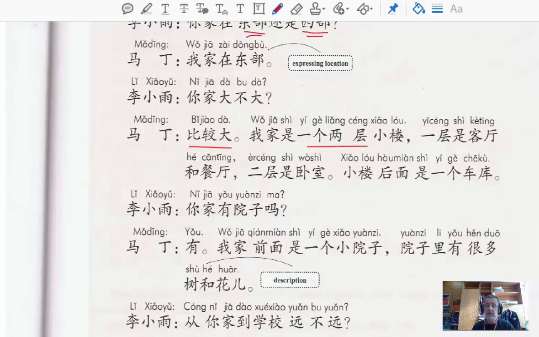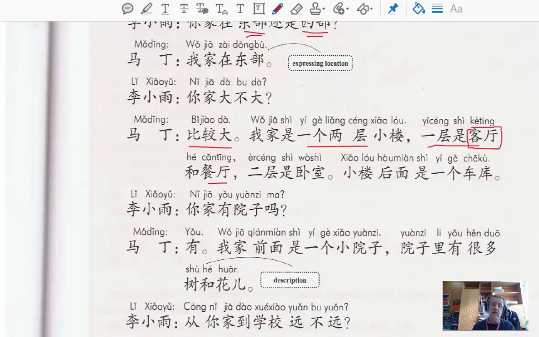一层是客厅和餐厅. So the first floor is the 客厅, the lounge or living room. And literally 客厅 here means guest hall. So 客 we've seen before in the expression, for example, 请客 when you invite somebody for a meal. 厅 we've seen before in 餐厅, meaning a canteen if we're referring to a university, for example, or a company.